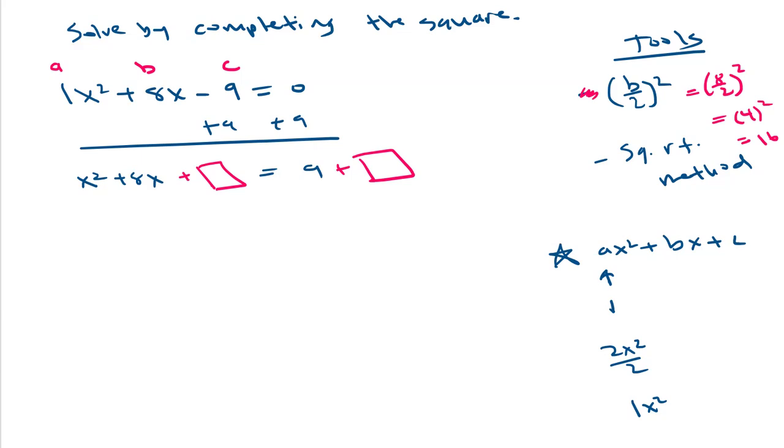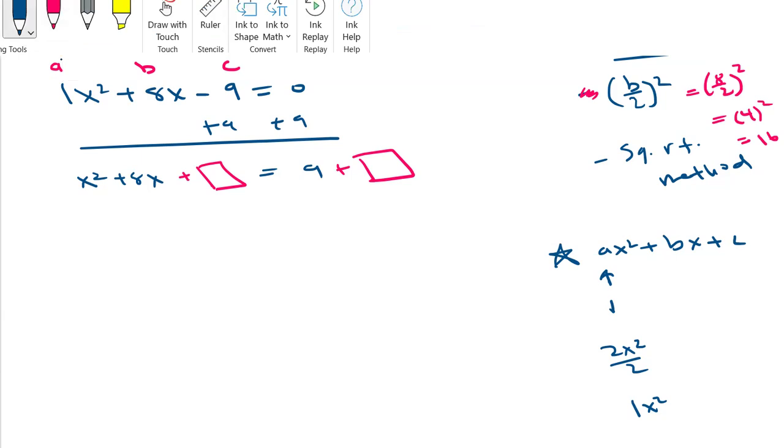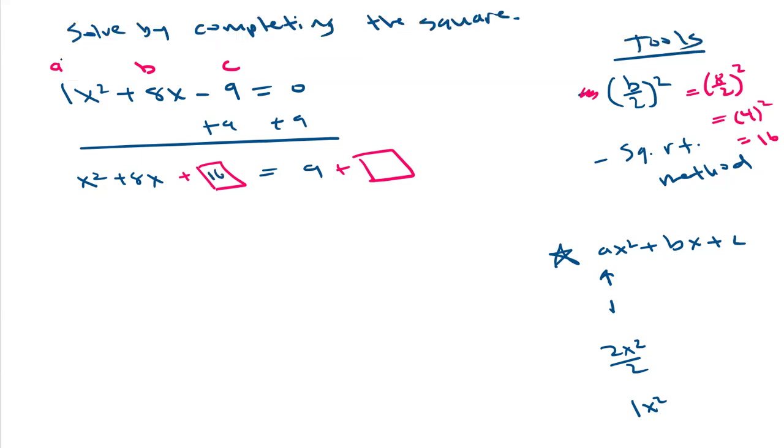So 16 will go on the left, and then 16 will go on the right. All right, and then we're going to simplify. So we have x squared plus 8x plus 16, and this gives me 25 on the right.